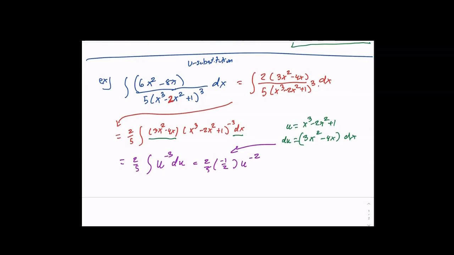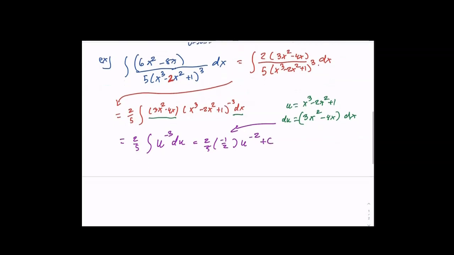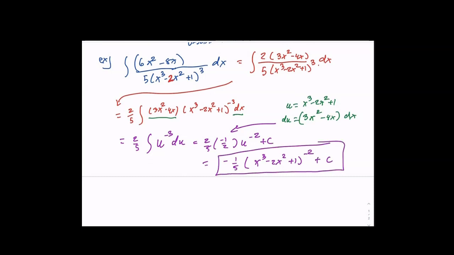Those 2's are going to cancel out, plus c, which gives me -1/5 parentheses, replace my u, x cubed minus 2x squared plus 1 to the -2nd power plus c. Yes, I could rewrite it without the negative power, but that's not our focus right now, and that's what we get.